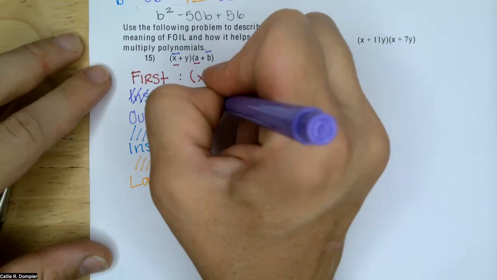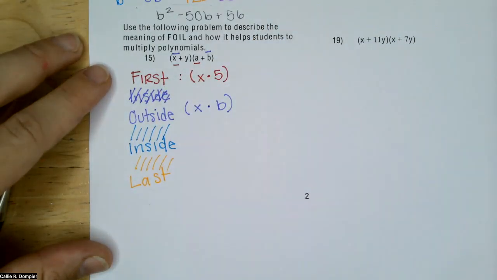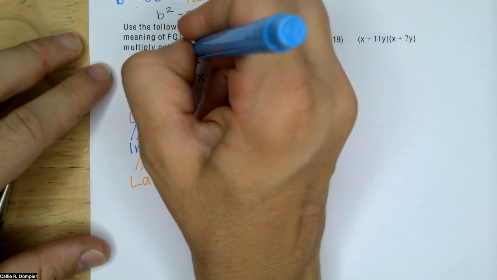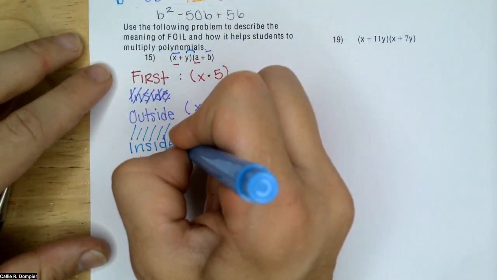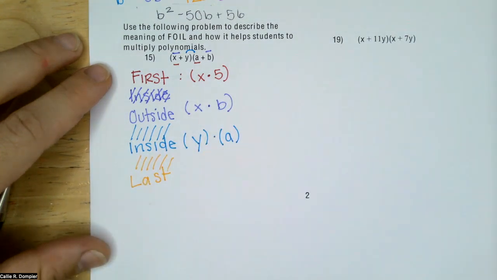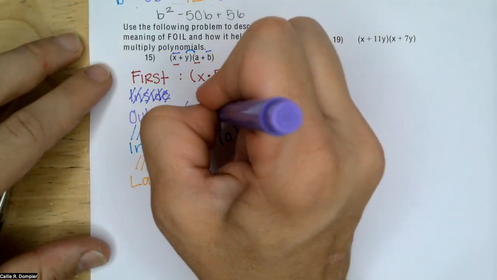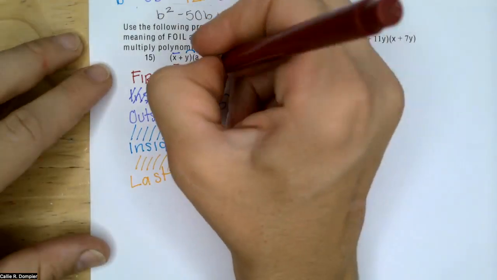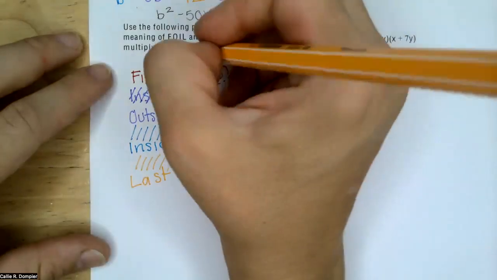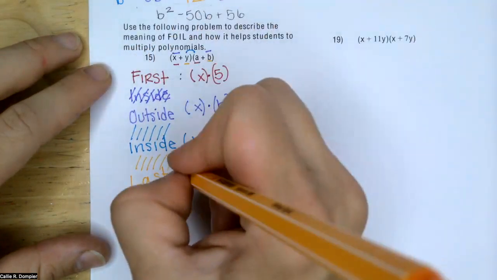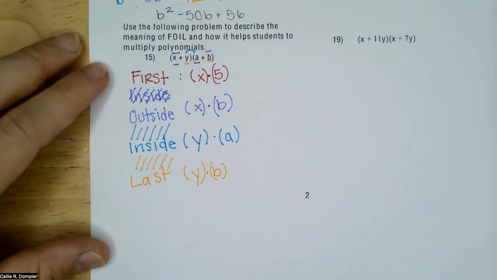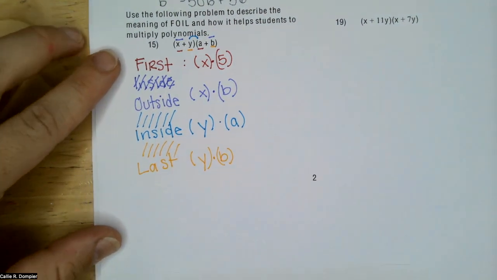X times B. Inside, it's going to be these two inside ones, Y and A. Y times A. We're multiplying. And then my last ones are going to be the very last ones, Y times B. And that's how you FOIL. First, outside, inside, last, and you add them all together.